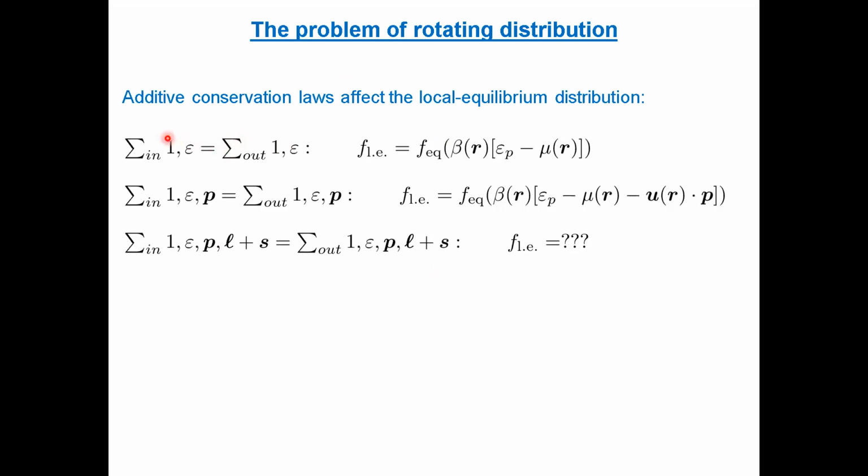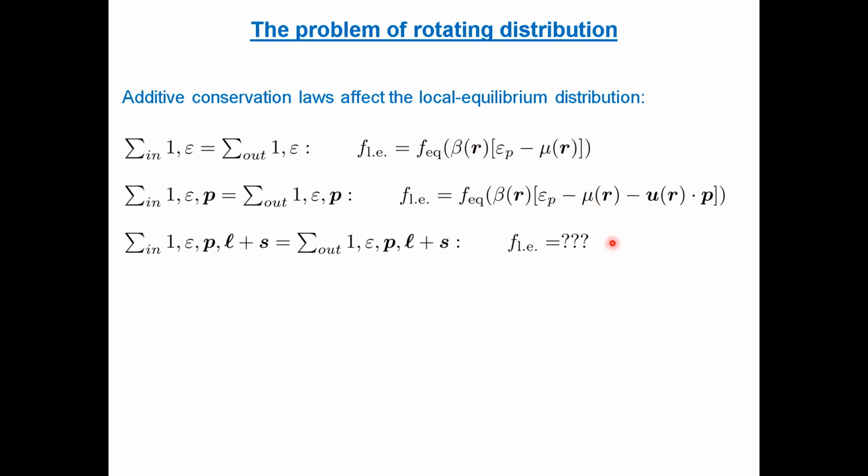If number and energy of particles are conserved, we know that the local equilibrium distribution function looks basically like this. There is a Lagrange multiplier for energy, which is 1 over temperature, possibly space dependent. There is a Lagrange multiplier for the number of particles, the chemical potential, which is also space dependent.